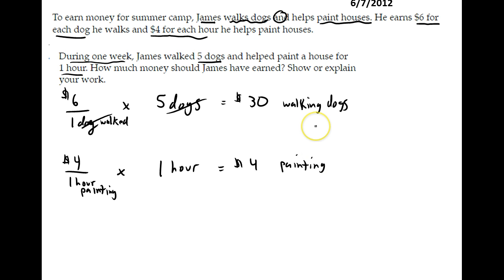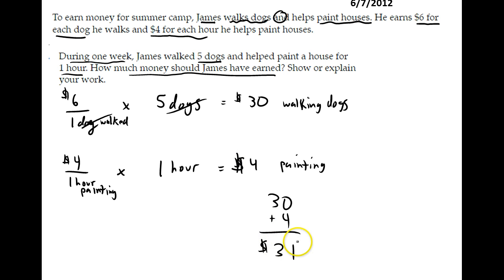The grand total of how much money he's earned would be to add. $34 total. The $30 from walking dogs and the $4 from painting, he made $34.